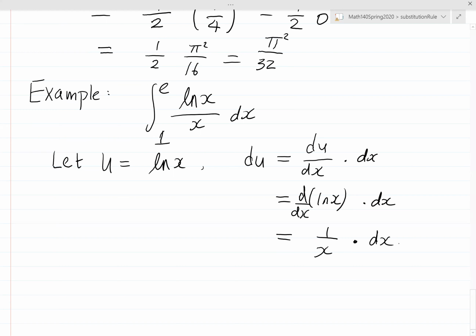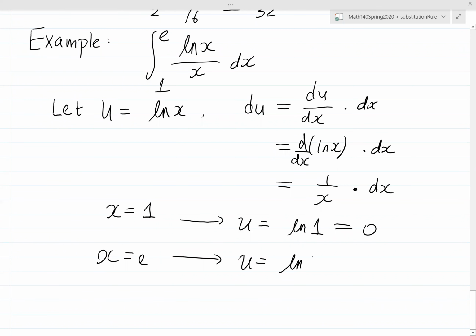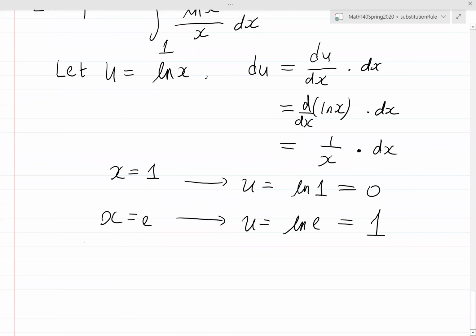We have dx. When x is 1, the corresponding u is ln of 1, which is 0. When x is e, the corresponding u is ln of e, which is 1. So we have the integral from 1 to e of ln x over x dx.